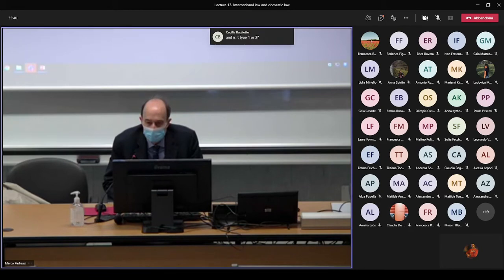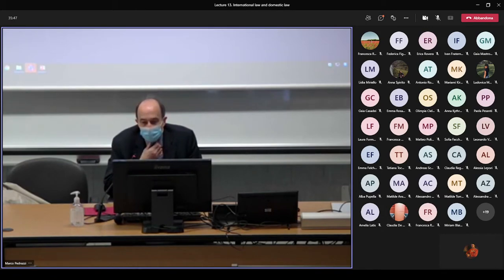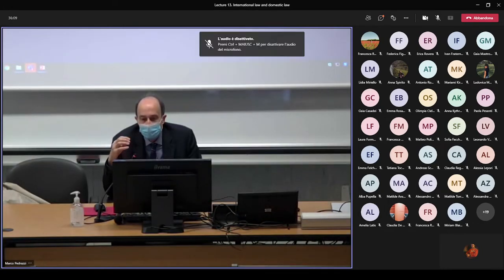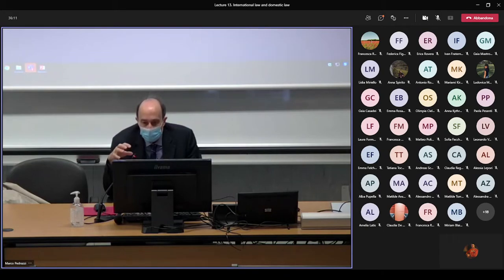We could say it is probably type 2, but the state is not proposing a clear interpretation. It is saying that the article shall be applied in a way which is compatible with the legal system of the state.